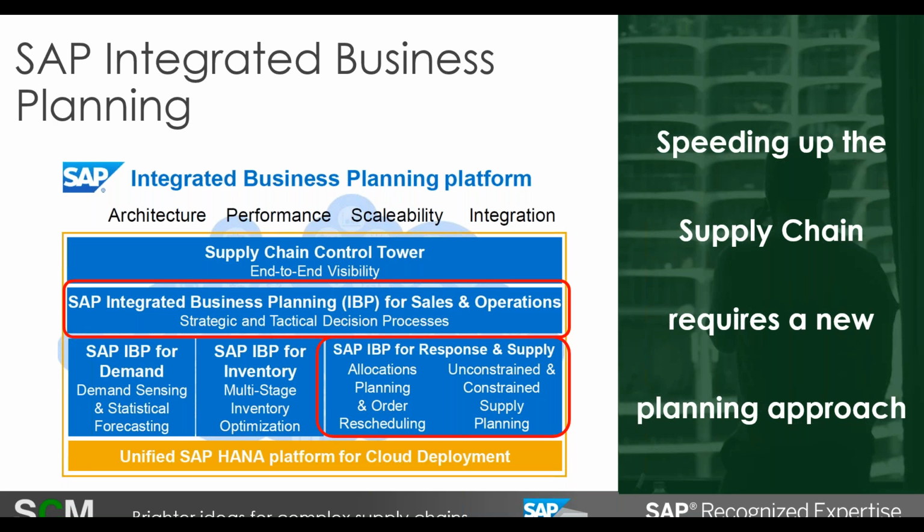So response and supply is made up of detail order planning or order series data, as well as time series data for optimization to support supply chain planning. And that's what we're going to show today. So the two of them work well together, and they provide for a platform that allows you to optimize your network and your capacity management, which is what we're going to walk through today.